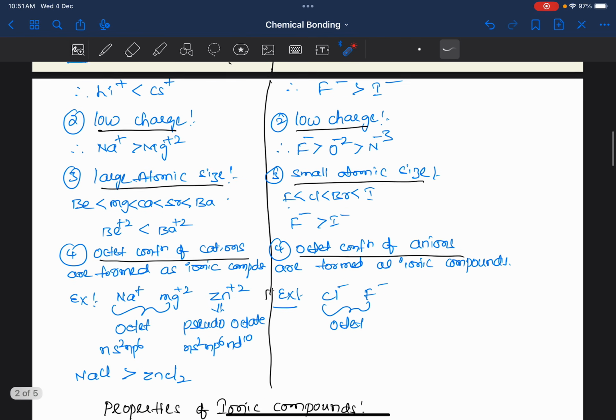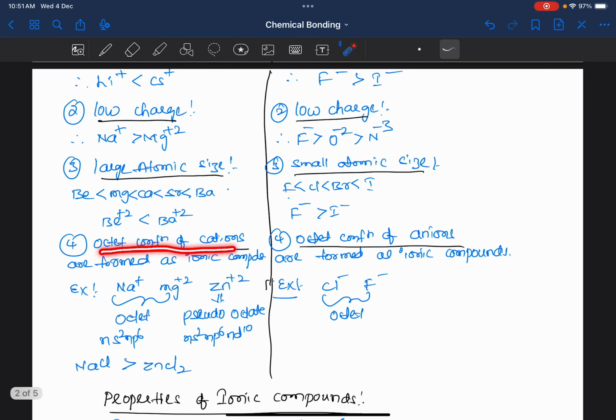Next, the fourth point is octet configuration of cations. Cations with octet configuration form ionic compounds. For example, I took three types of cations: sodium ion, magnesium ion, and zinc ion. What is the specialty of these cations? Sodium ion and magnesium ion have octet configuration, but zinc ion has pseudo-octet configuration.